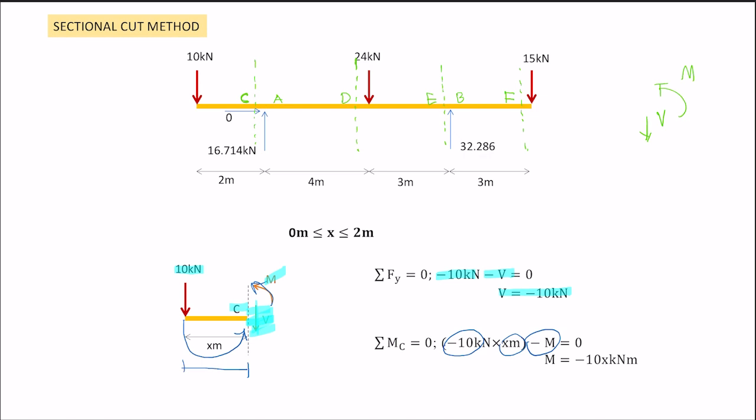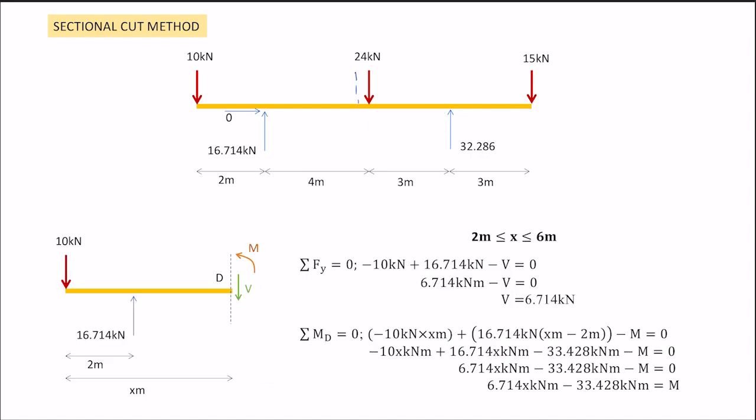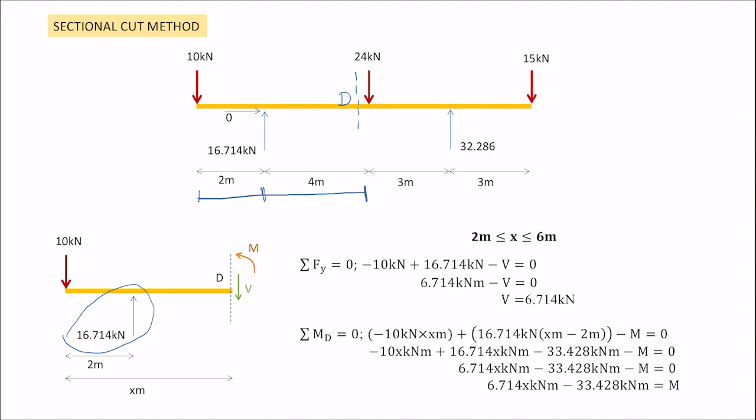For the next section, we're going to look at D. It is over here. So for D, we will include reaction at RAY itu. So the boundary is going to be from 2 sampai 6 meter. 0, 2, 6. So sampai sini lah. That's why X must be bigger or equal to 2 meter but must be less or equal to 6 meter.